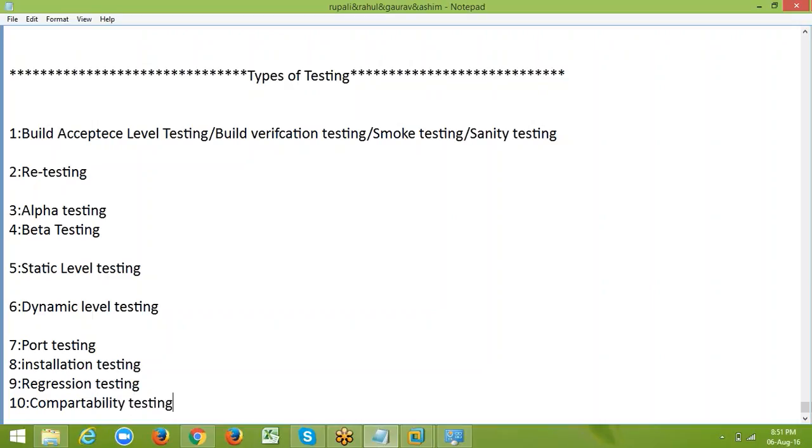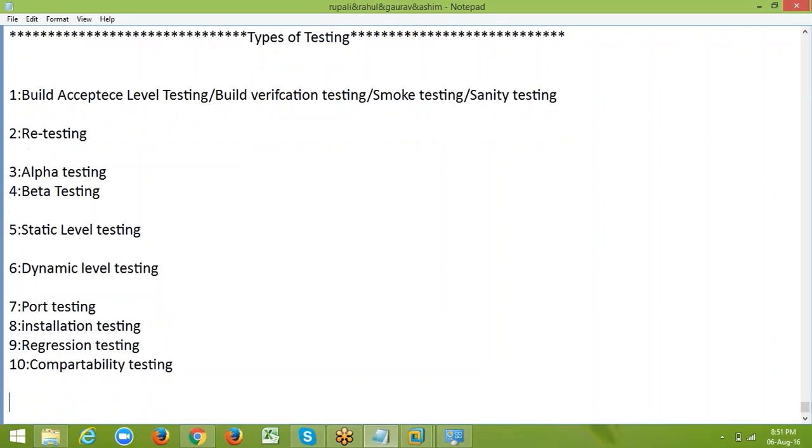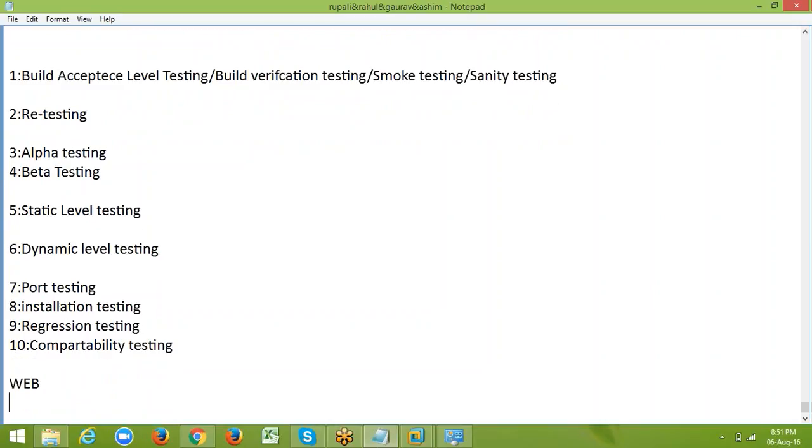Compatibility testing means what? Observe, for example, our application is a web-based application. So we have to test whether our application is compatible with all the browsers or not. We have to make sure that our application is compatible with all the browsers.